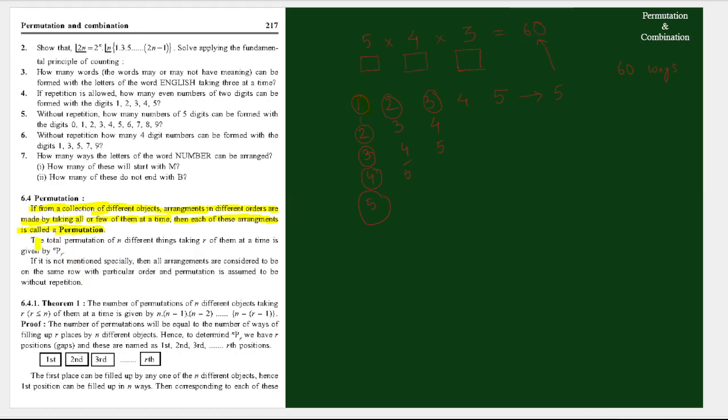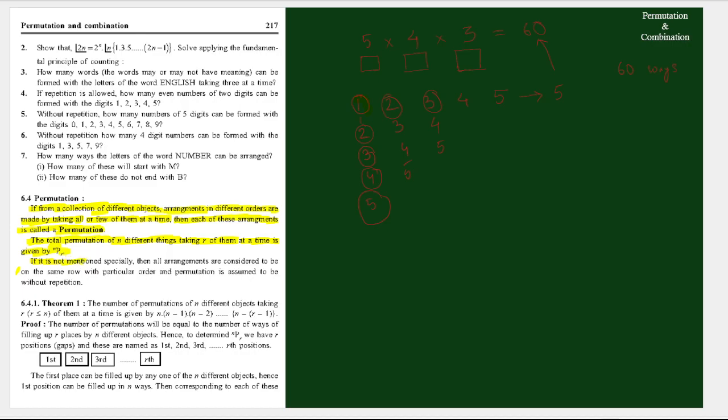In the next line it says, the total permutation of n different things, taking r of them at a time, is given by nPr. Here we have taken 3.